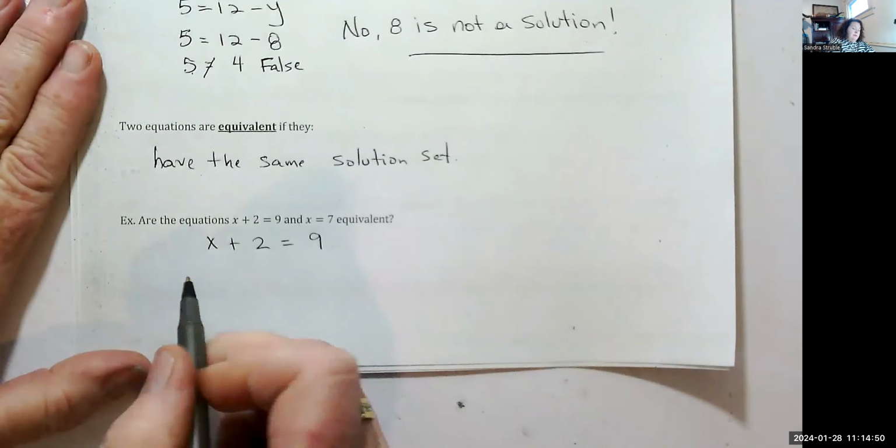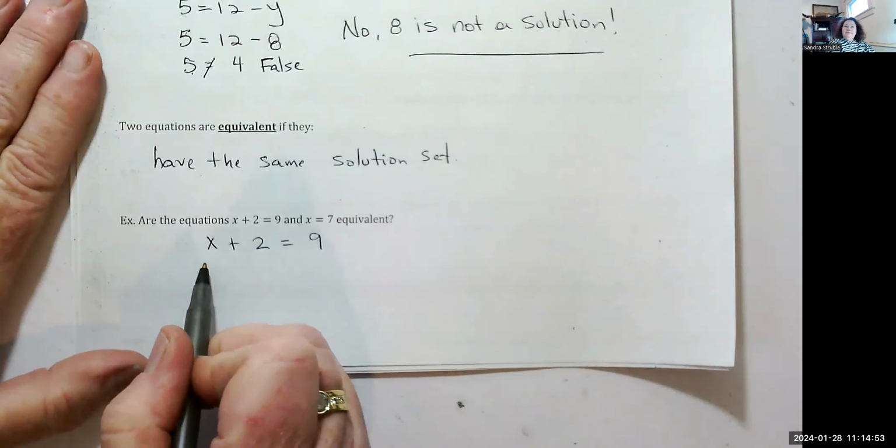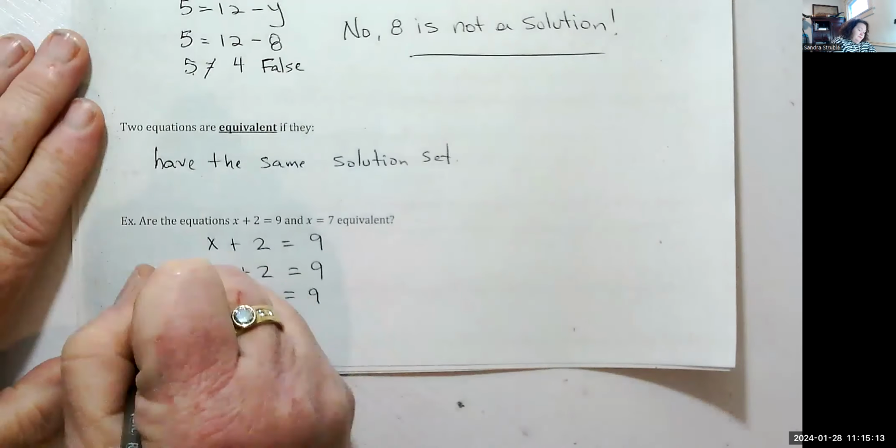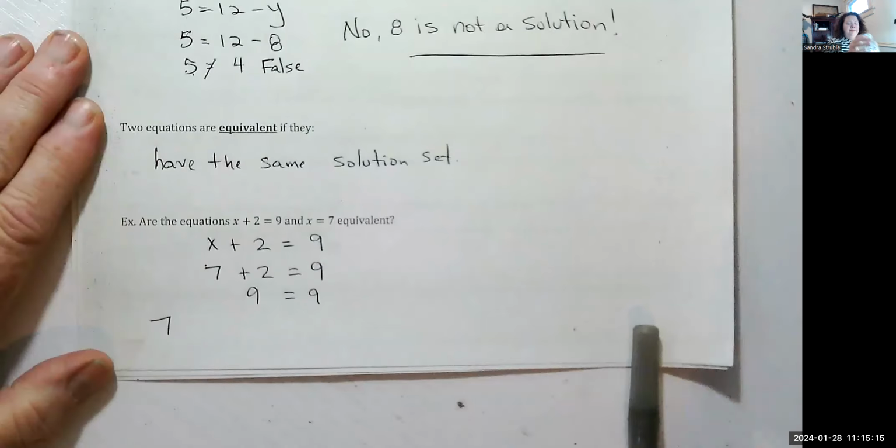What numbers can I plug in for x? There's only one number I can plug in for x. 7 is the only solution, because 7 plus 2 is equal to 9. 9 equals 9. So 7 is the only solution for this one.